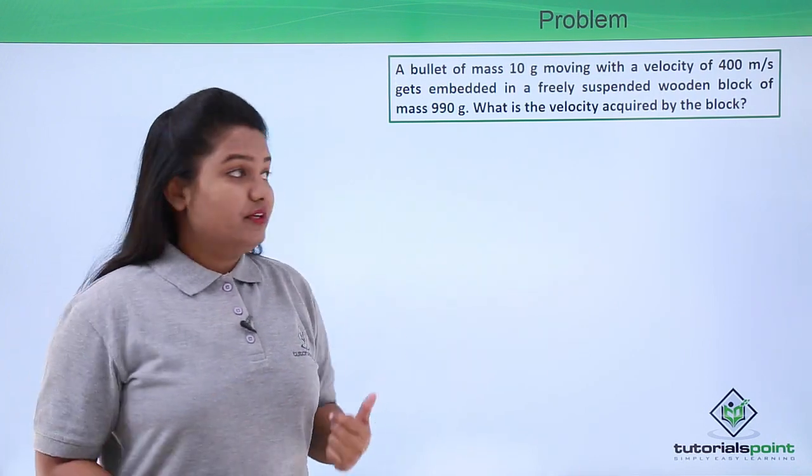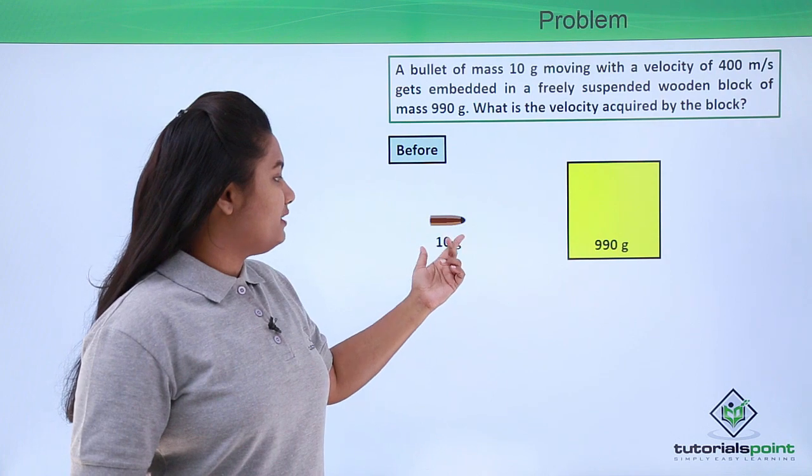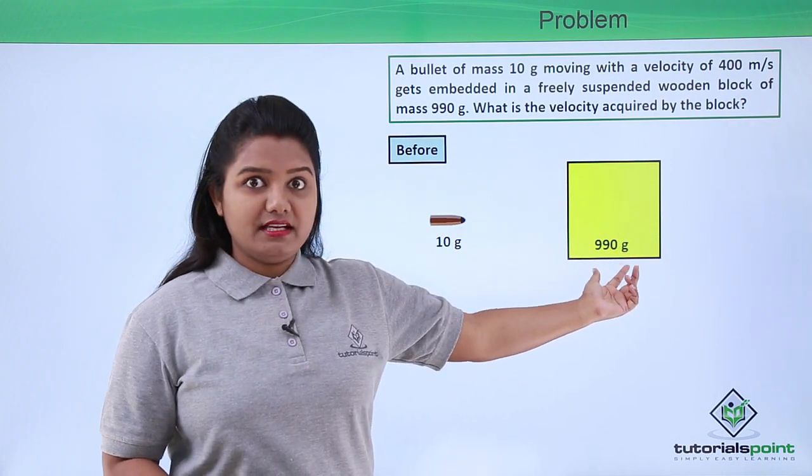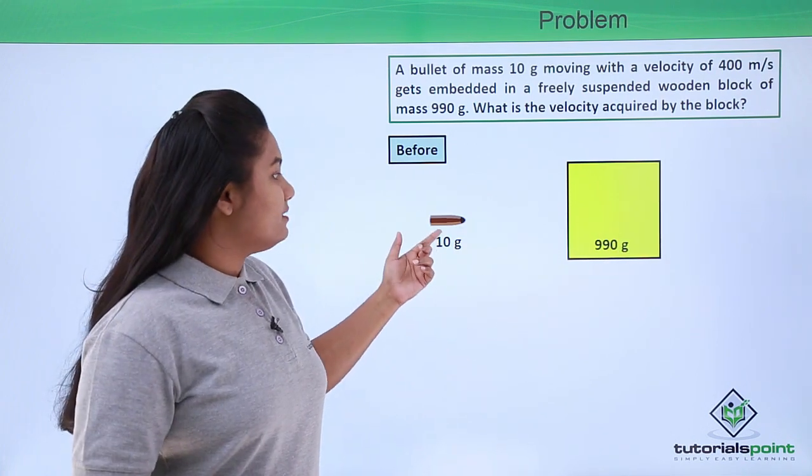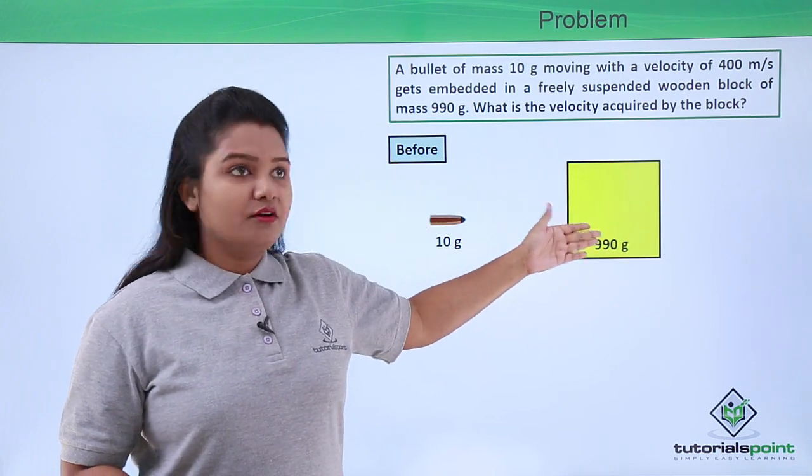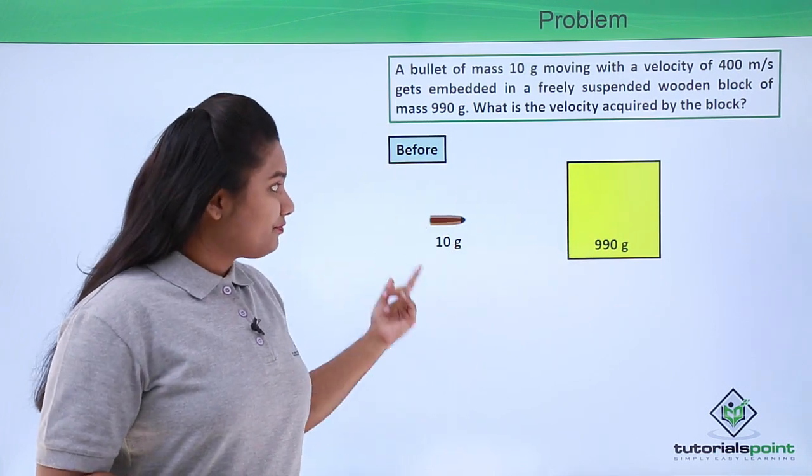So here there is a wooden block of 990 grams and a bullet of 10 grams, and this bullet is being shot onto this wooden block, which is freely suspended.